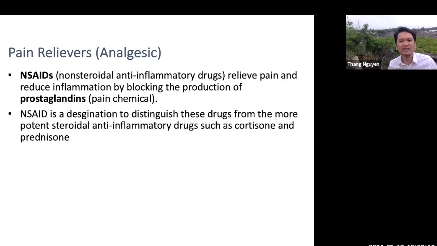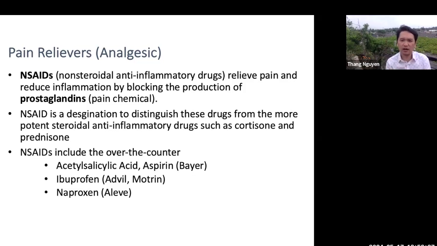And this designation is basically to distinguish these kinds of drugs from the steroid drugs, which are more potent, things like cortisone or prednisone. These more potent drugs you would need prescriptions for, whereas NSAIDs are what is known as over-the-counter drugs. You can find them without a prescription in the drugstore.